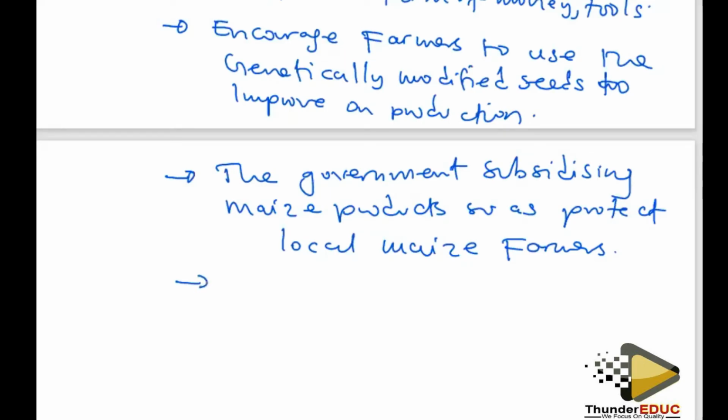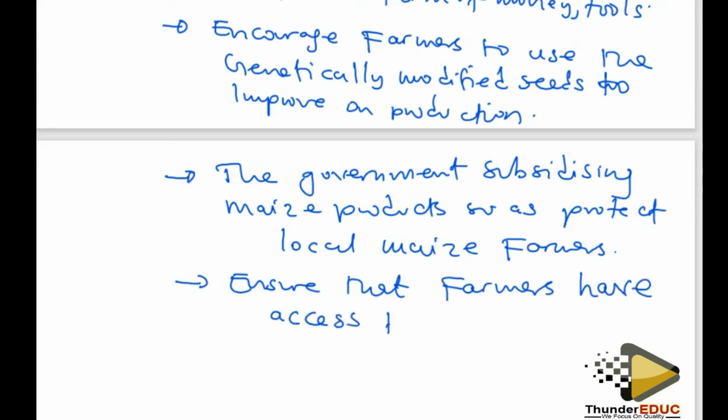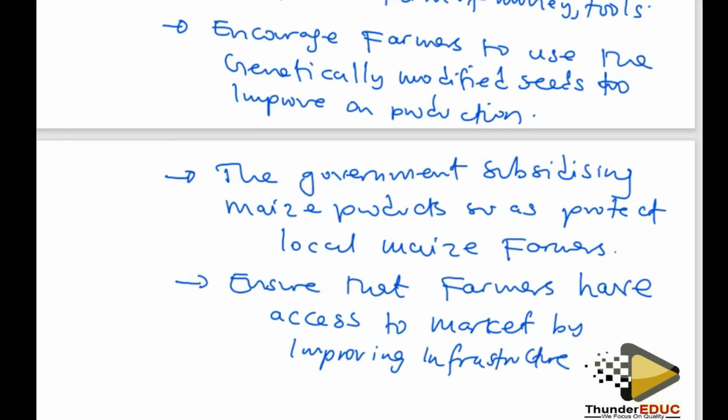Also, government ensure that farmers have access to market by improving infrastructures such as roads.